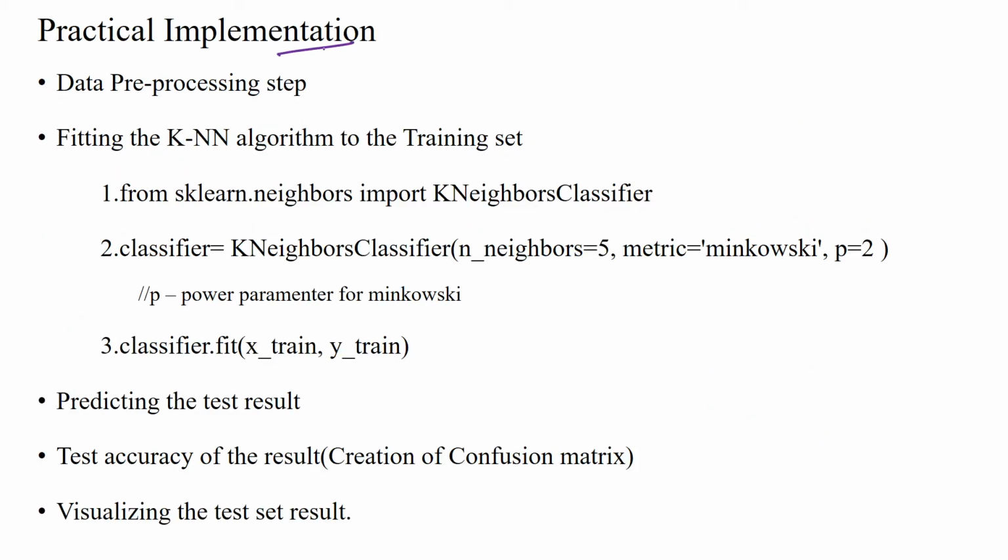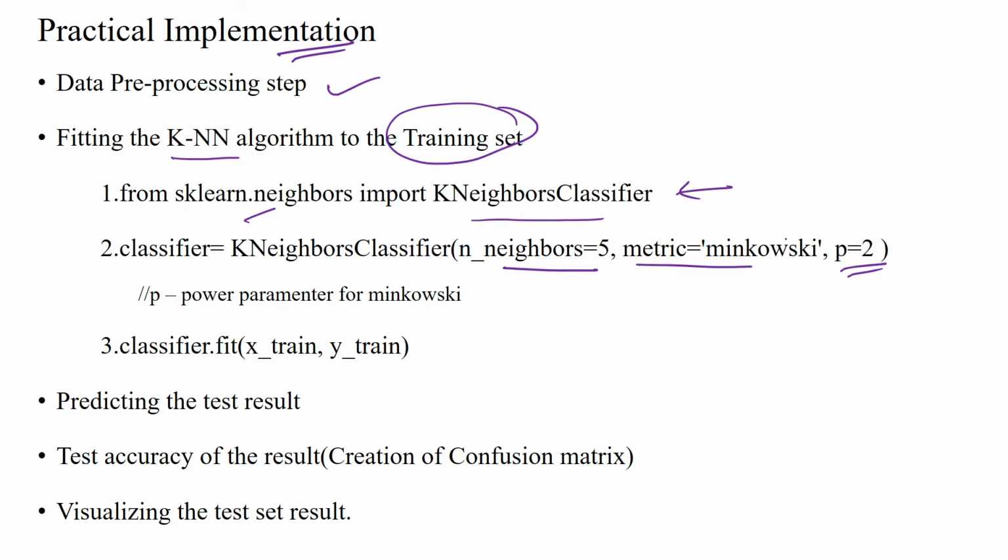In practice, we have to use a pre-processing step, like processing the missing values and the error values. Then apply the KNN algorithm by collecting the training data samples. You can import the KNN classifier from the sklearn package. Then you can set the number of neighbors as a parameter, and the metric as a parameter.